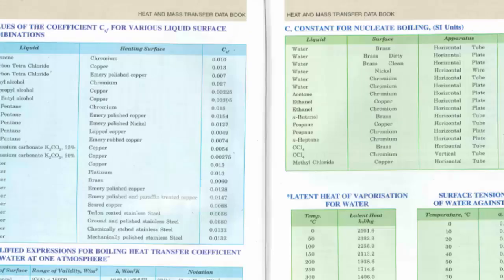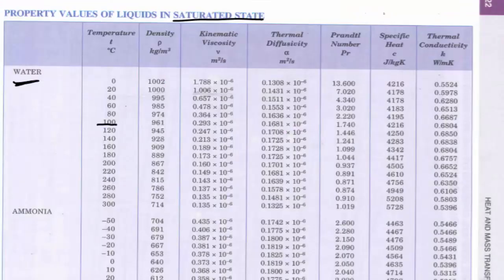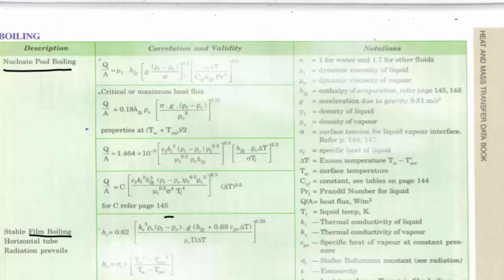Case 3. In case 3, you are asked to find out the value of critical heat flux. So for critical heat flux, you have to take the formula from the data book. For critical heat flux, the formula is given here. Q by A equal to 0.18. That formula you have to write here.